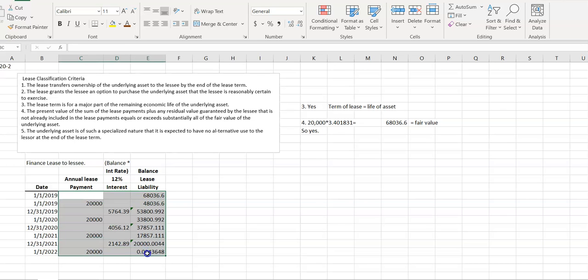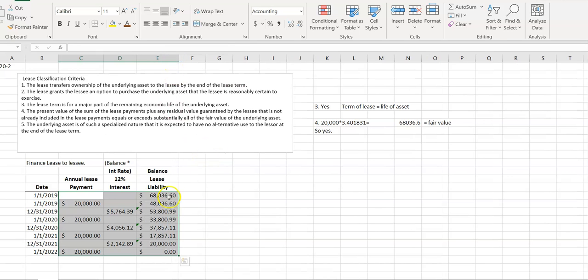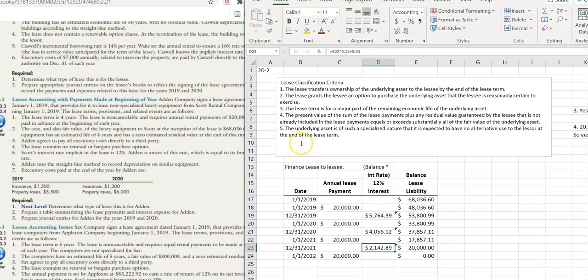Okay, but let's make it all dollars so we can make sure. Yep. All right, so all I did here at the end is I just added 4 cents to it to make it balance out right. Okay.